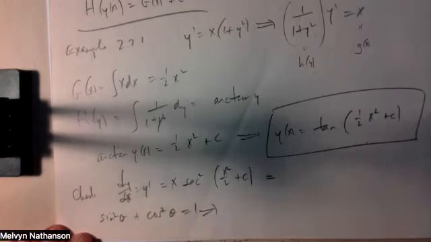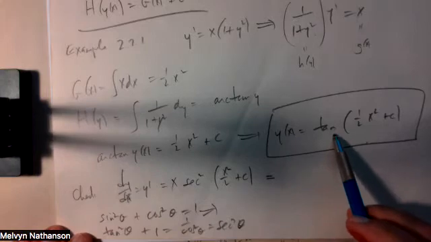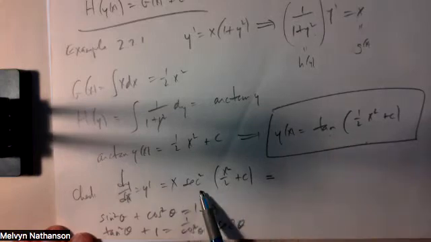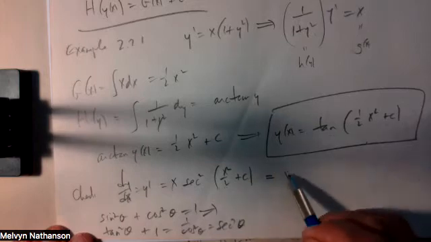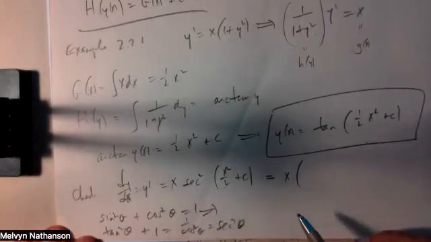So if you divide by cosine squared, you get tangent squared theta plus 1 is 1 over cosine squared theta, or secant squared theta.